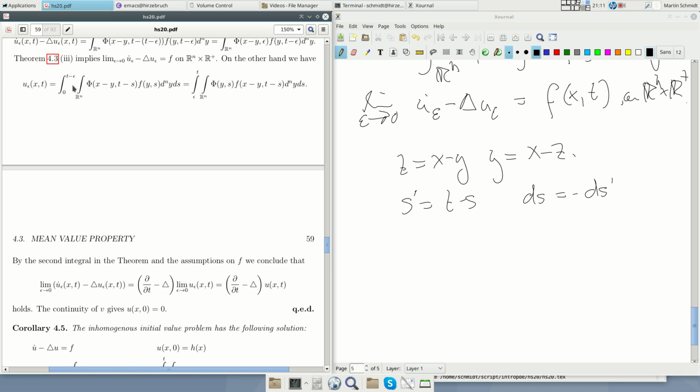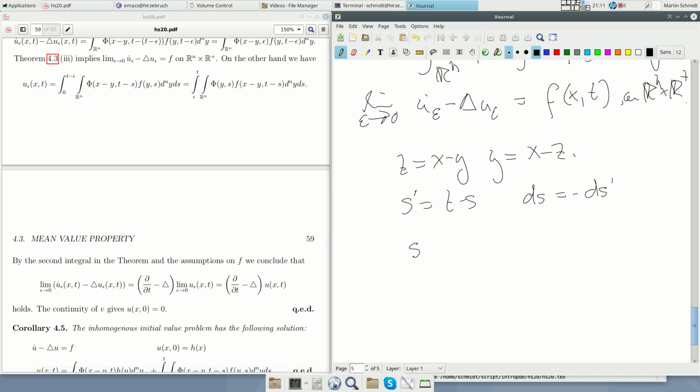If we insert for s, s equals 0 corresponds to s prime equal to t, and s equals t minus epsilon corresponds to s prime equal to epsilon.